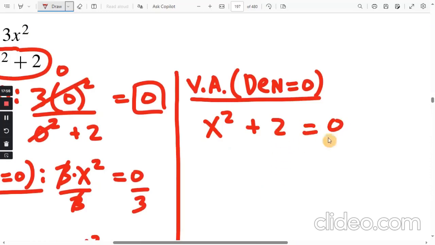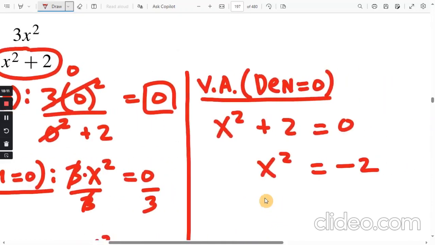If I do minus 2 on both sides, x squared is negative 2. Can x squared ever equal negative 2 without imaginary numbers? No, it cannot. You can't have an asymptote with imaginary numbers. So right here, we actually have none. No vertical asymptote.